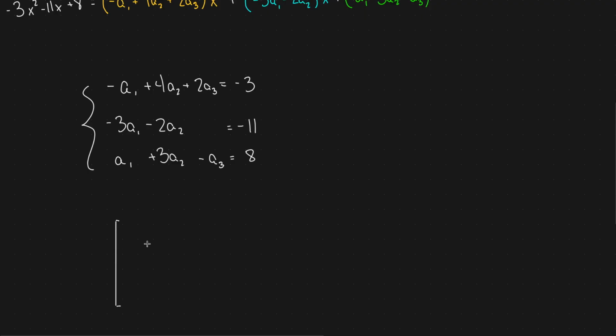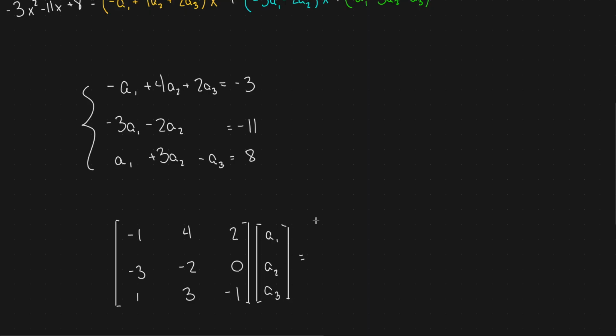As a matrix equation, the coefficient matrix is negative 1, 4, 2, negative 3, negative 2, 0, 1, 3, negative 1, times the vector of variables A1, A2, A3. And that has to equal negative 3, negative 11, 8.